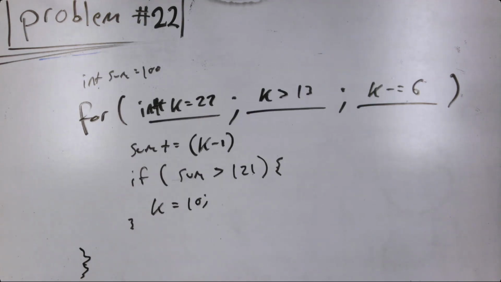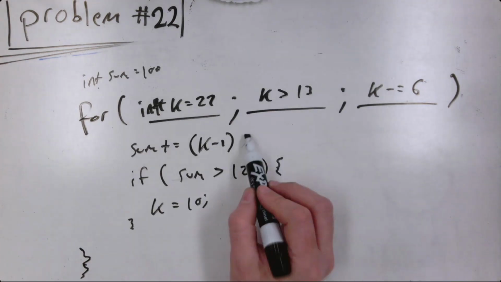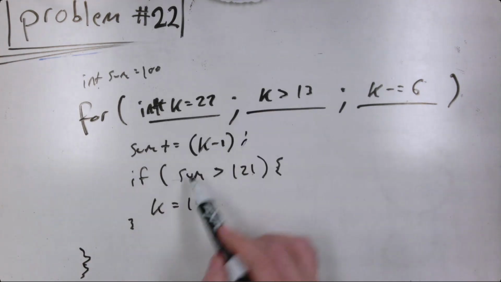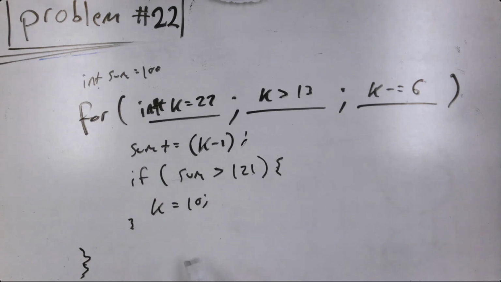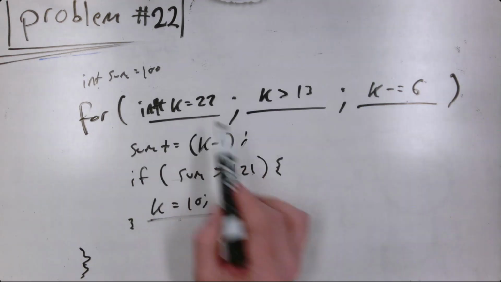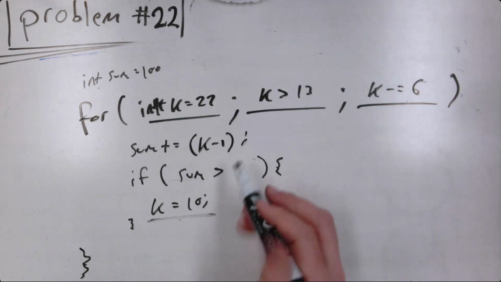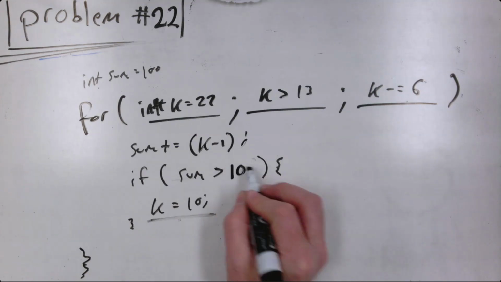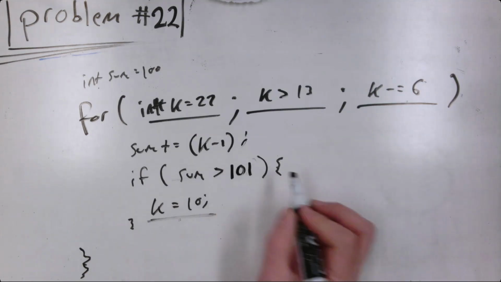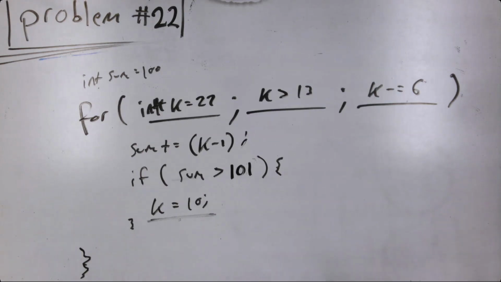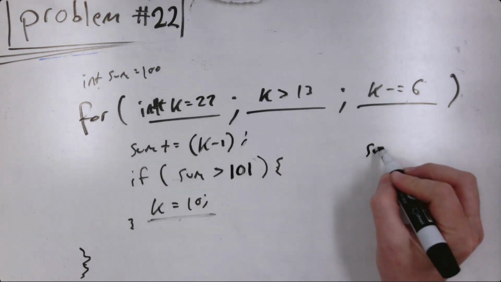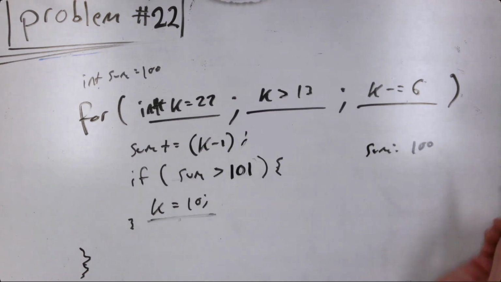So it was code tracing like this, where you really had to do one thing at a time very carefully and realize that if k gets set to 10 here, then even if k was, let's make this something really obvious, 101. So this is going to go wrong right away. Okay, let's trace it. Sum starts out as 100.